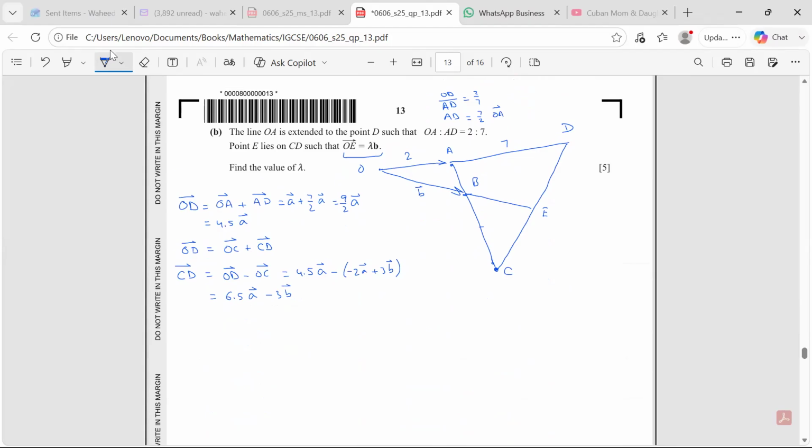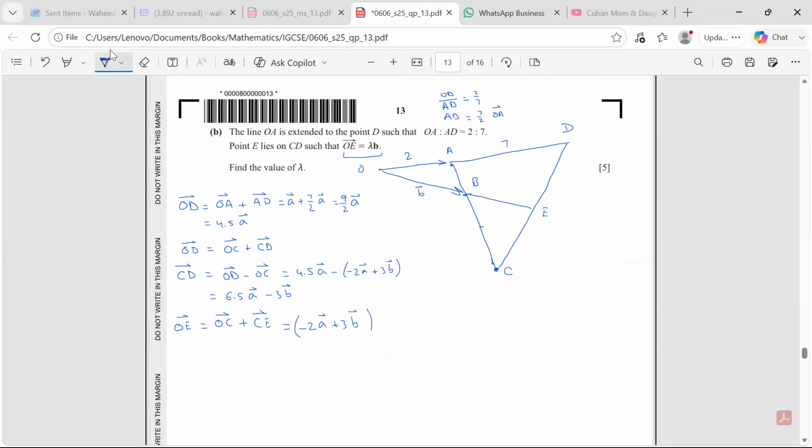Okay, now we are interested in finding OE. So OE, you can see, is OC plus CE, right? O to C plus C to E. Now OC we already know is minus 2a plus 3b.